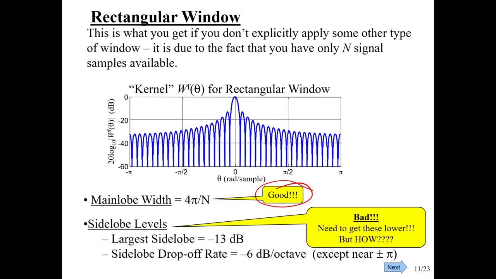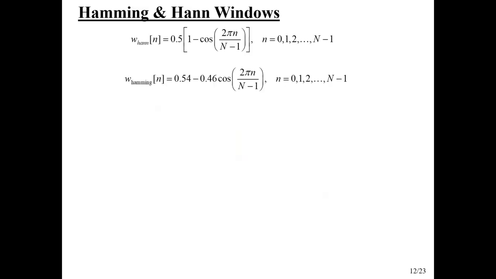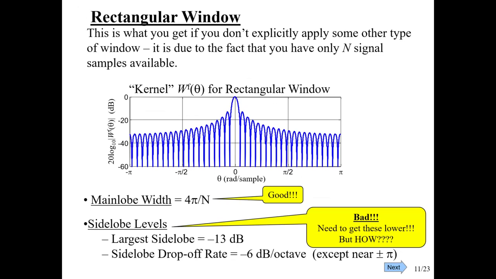The other thing, we don't go through the analysis here, but one could, you'll find that regardless of the N value, the highest side lobe is always 13 dB down from the main lobe. And the rate of drop off here is on the order of minus 6 dB per octave. Remember, an octave is a doubling of frequencies. So if we start off here, maybe at 0.1 pi, and then we go to 0.2 pi, that should drop off by 6 dB.